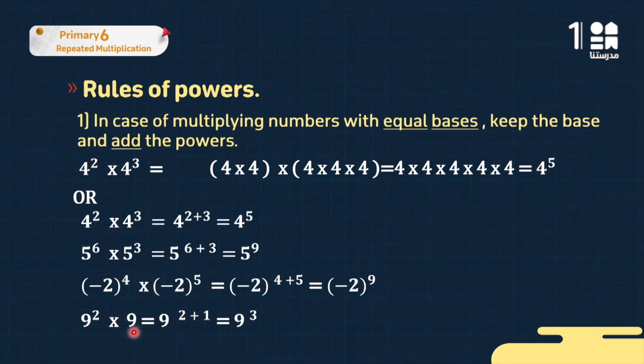The 9 here means there is a power of 1, but I'm not writing it. So I will write 9 as a base and add 2 plus 1, which gives me 3. So my number will be 9 to the power of 3. And take care of this trick. It comes up a lot, and when we answer quickly, sometimes you forget to put the 1.